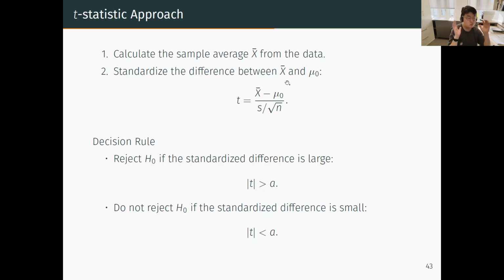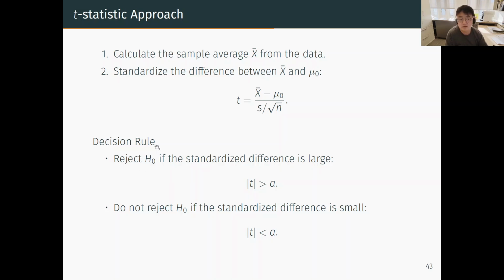So the intuition is to remember the t-statistic is the standardized difference between the data and your hypothesis, right? So the natural decision rule is: if the difference is too large, then we reject our null hypothesis.